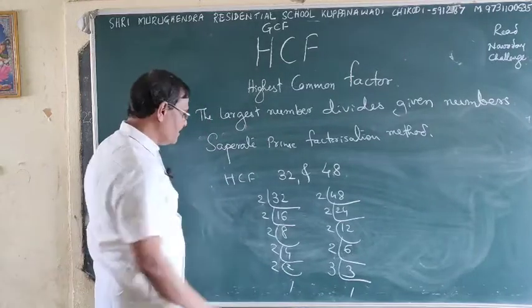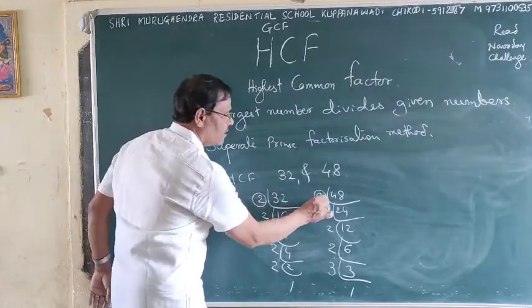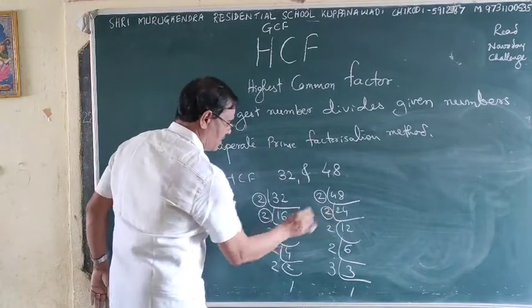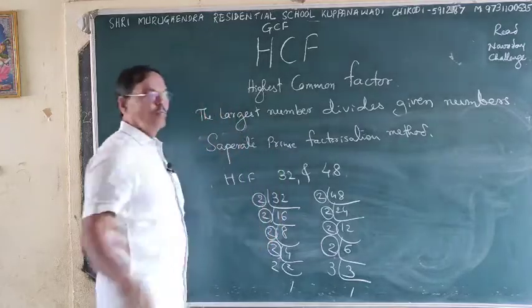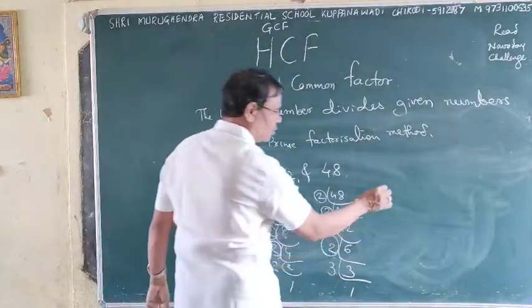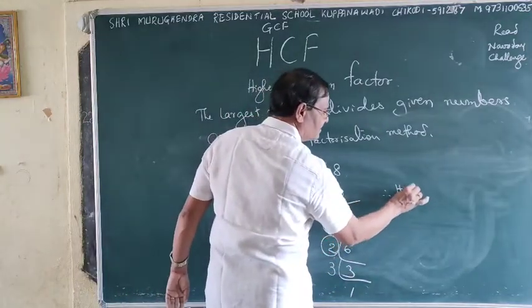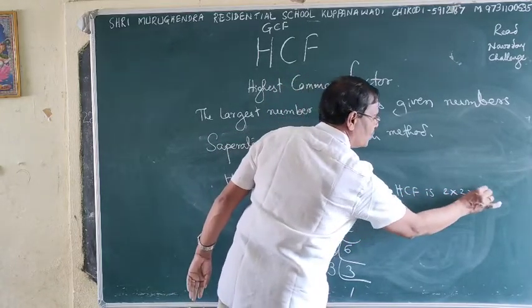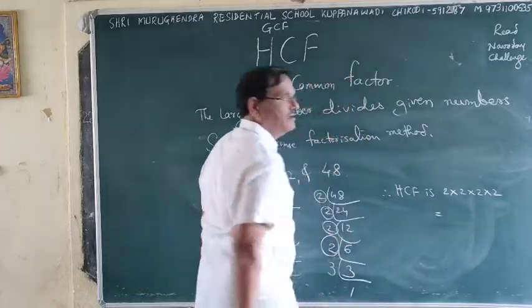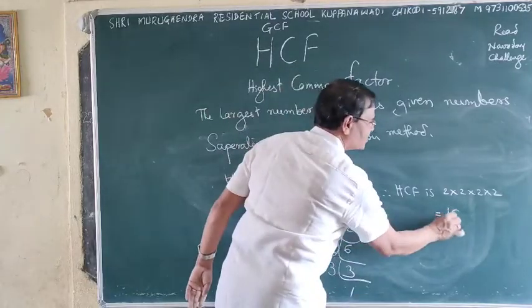Then how many common are there? Four 2s are common here. So the HCF is 2 into 2 into 2 into 2. That is 4 4s are 16.